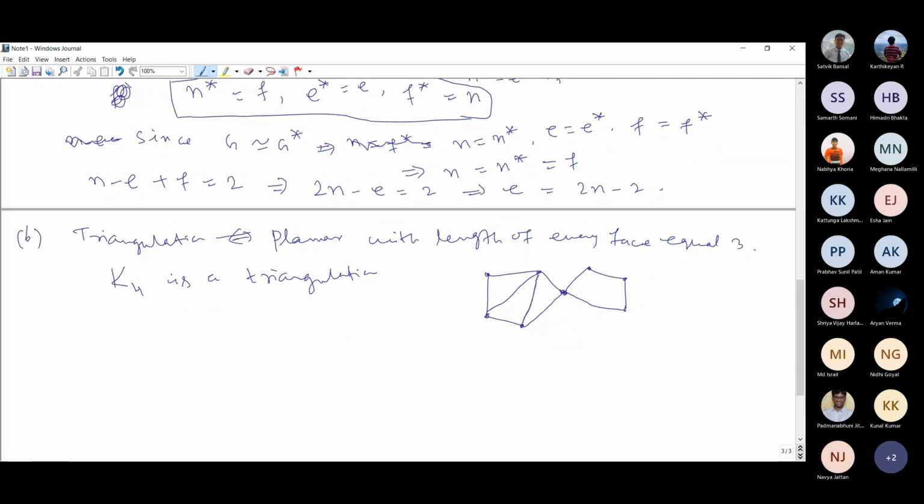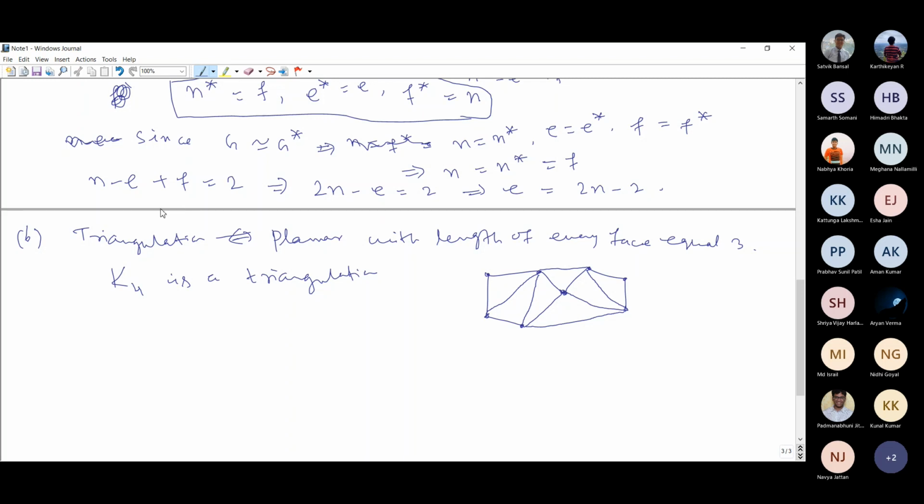Triangulation means the length of every face will be equal to 3. Here the length of the outer face is more than 3, or still we are able to add edges so that the resultant graph will be a planar graph, right? This is a simple graph basically. Still we can add some more edges so that the planarity will not be disturbed.